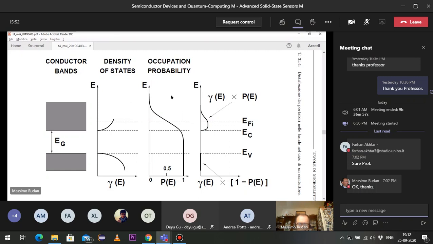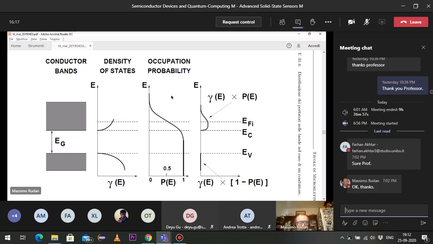That means that the concentration of holes of the valence band is 0. This also means that the valence band is completely filled with electrons, and as you remember, a band that is completely filled does not give any contribution to the current density.